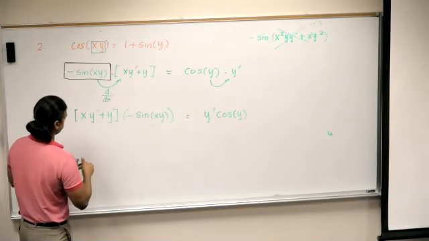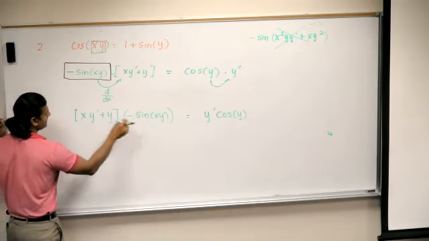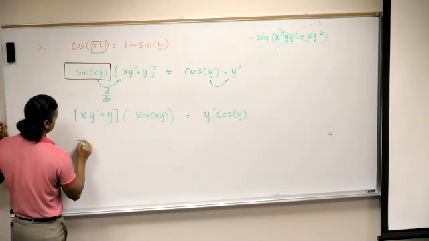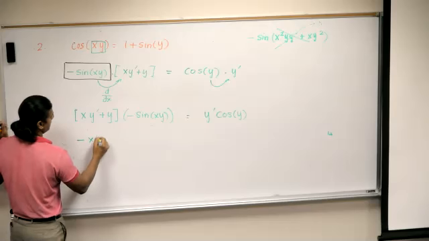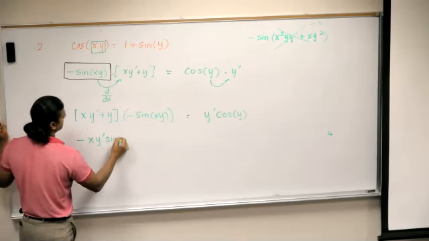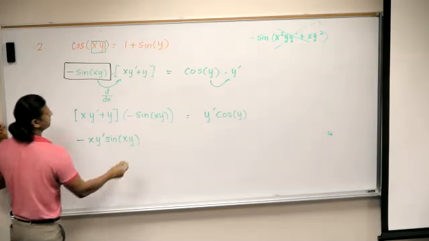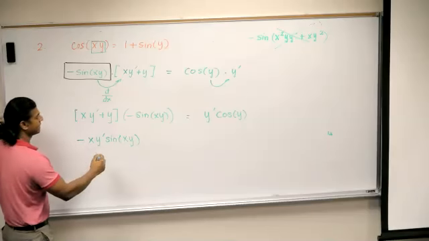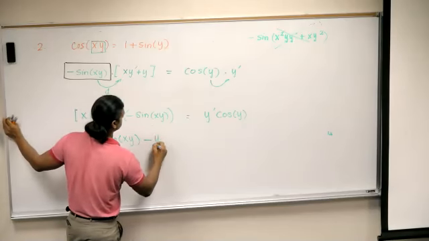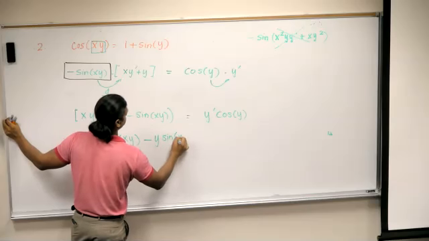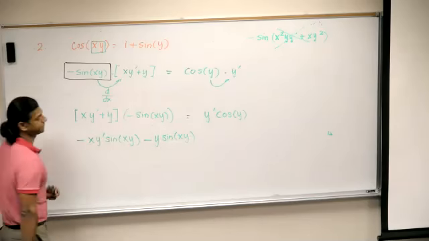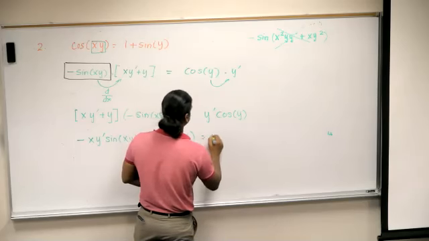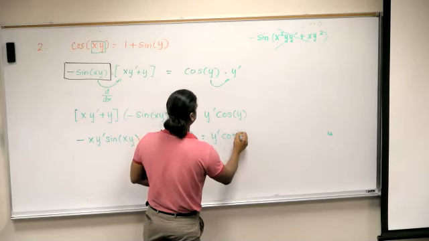If I distribute xy prime minus sine xy, I would have minus xy prime sine xy. Multiply those two, y times minus sine xy, minus y sine xy. Good. And you have y prime cosine y.